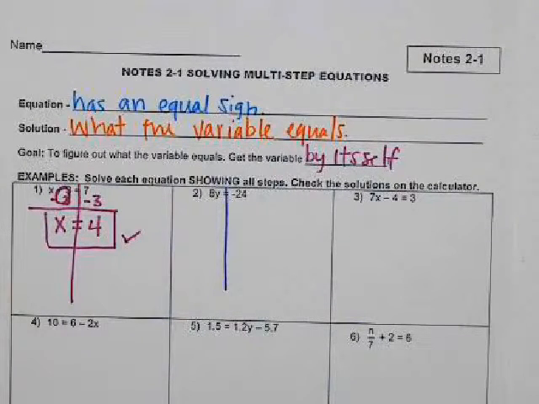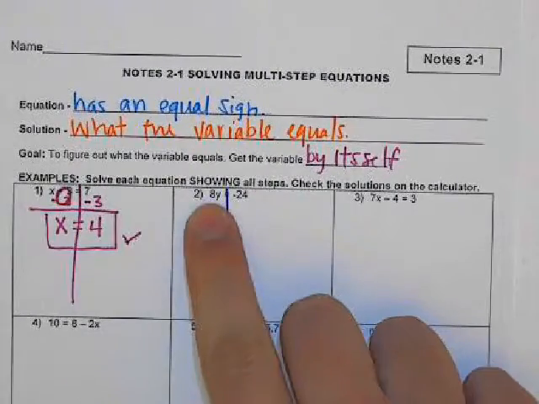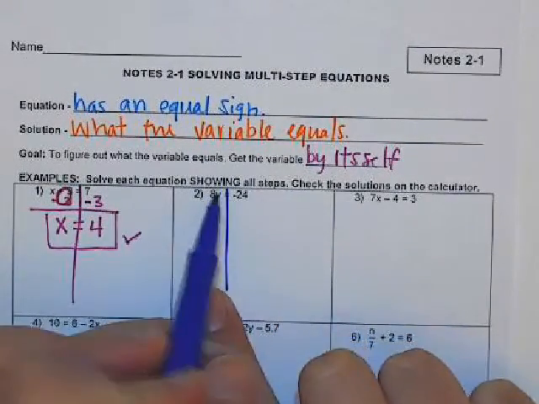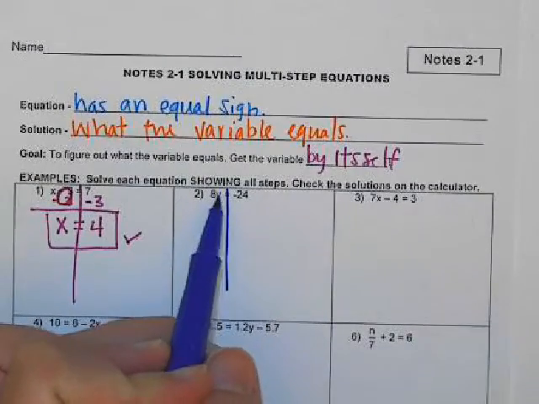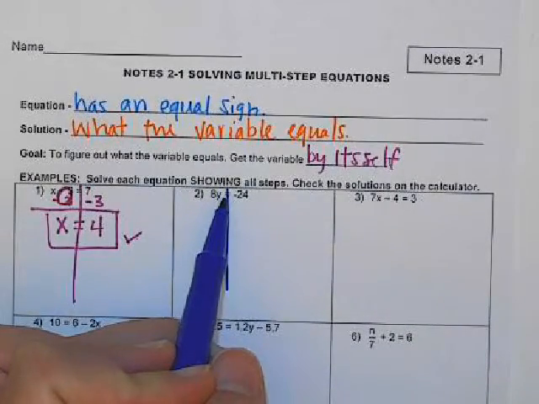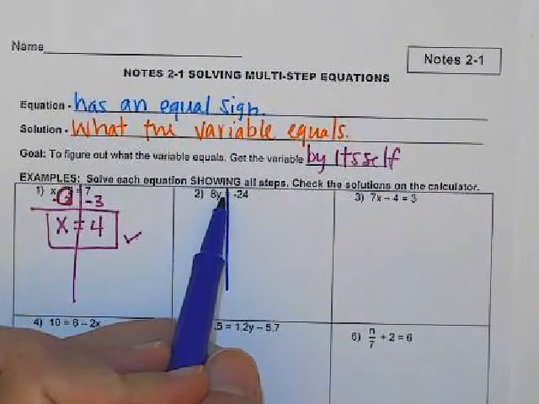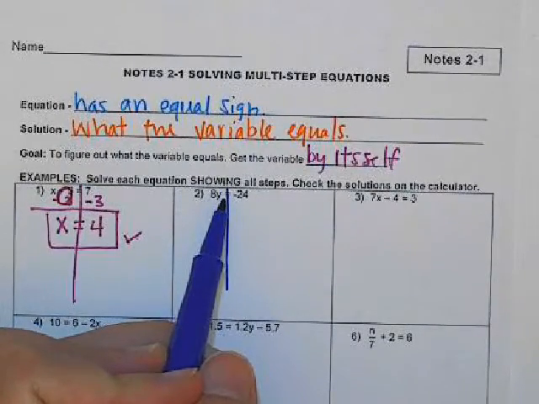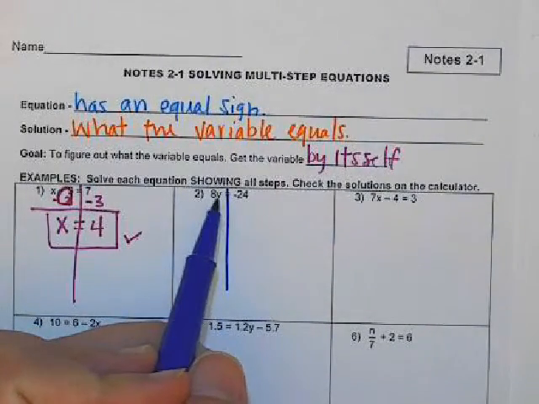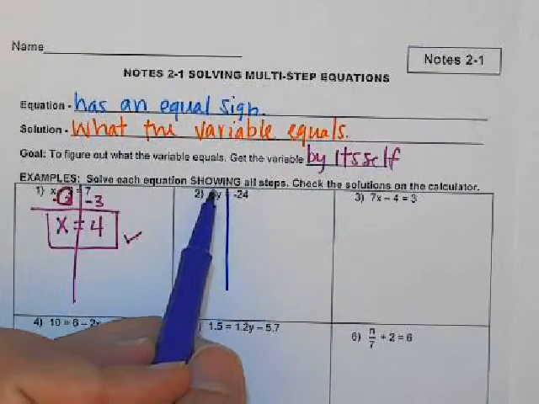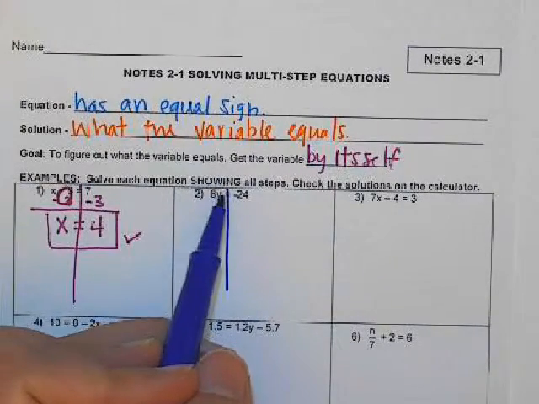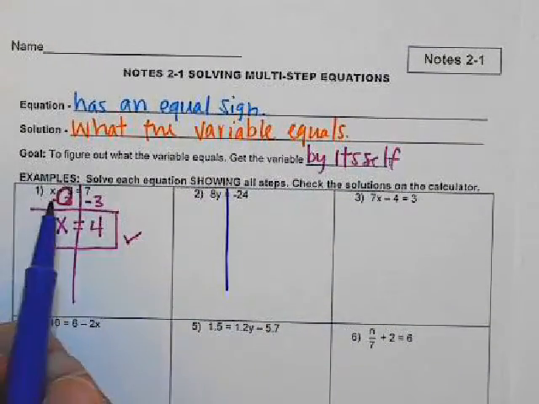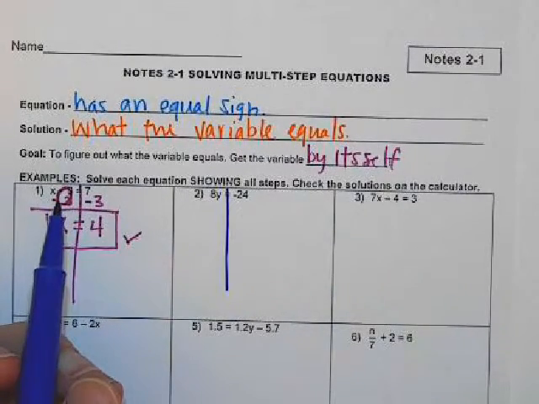Alright, so now I'm looking at 8y equals negative 24, and somebody said now we're multiplying, right? If I find my variable, we start with what's being added or subtracted. Is anything being added or subtracted? No. Now, what operation is happening here? Multiplication. So over here I had a plus 3, so I have the opposite of minus 3.